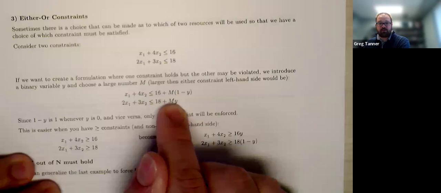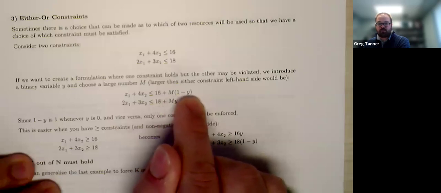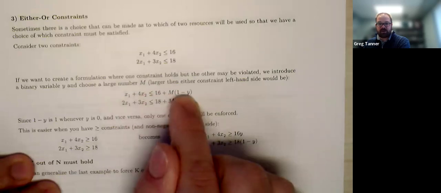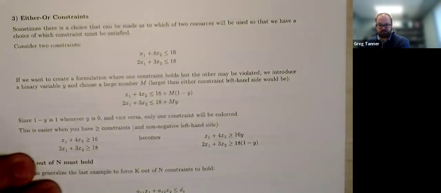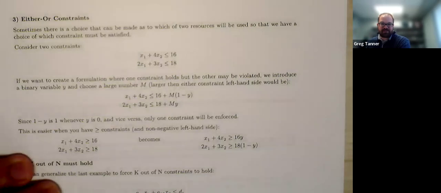On the other hand, if y1 equals 0, then 1 minus y1 is 1, and then the first constraint is turned off. Okay? And so that big M turns off the constraint by adding such a large number to the right-hand side that it's going to allow anything to happen on the left-hand side of the inequality.